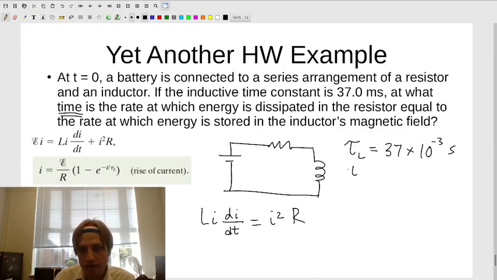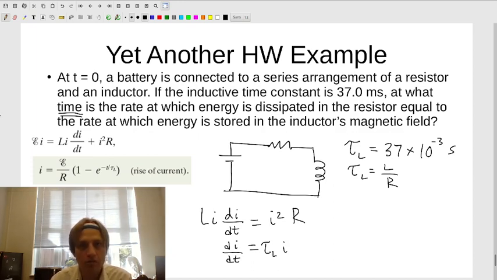It says tau L is L over R, right? So here we have di dt equals L over R times I. This L over R is just that inductive time constant.